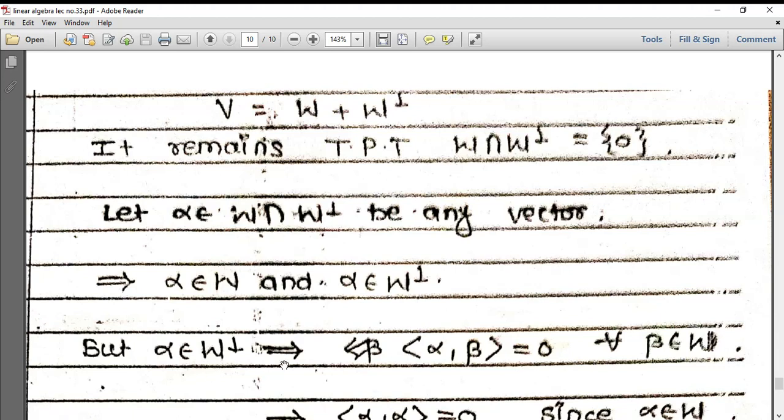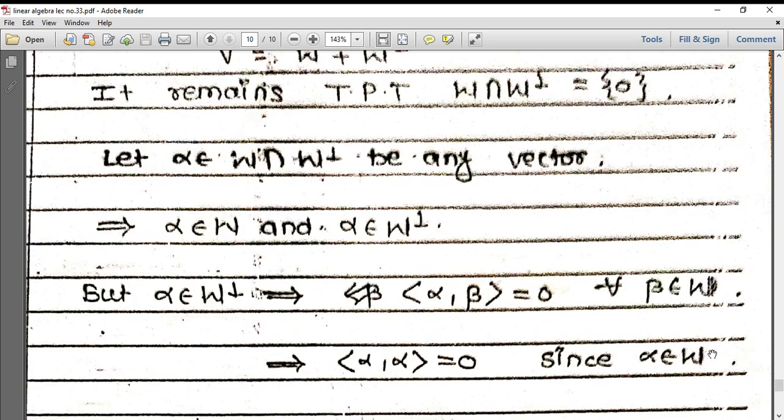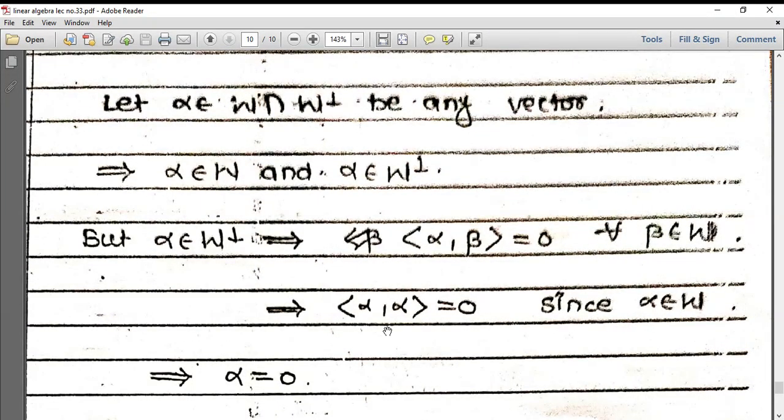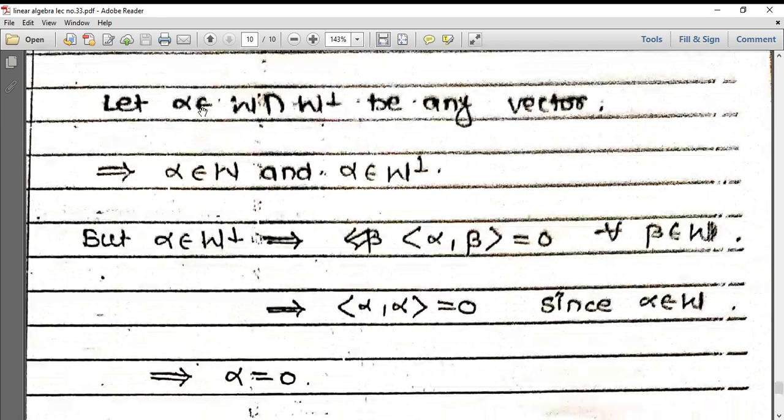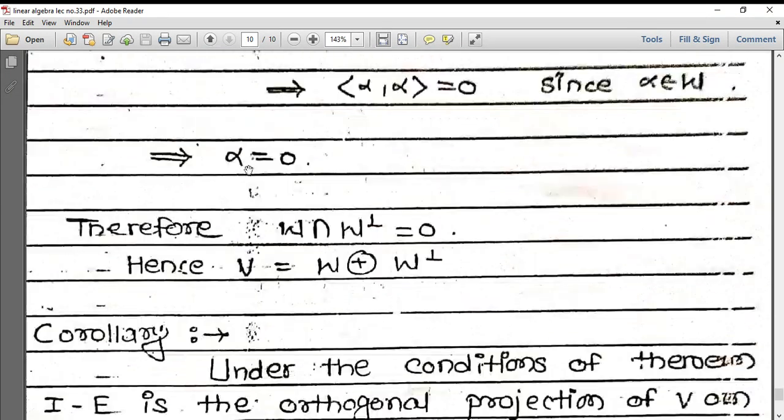But alpha belonging to W perp implies that the inner product of alpha and beta is equal to 0, by the definition of W perp, for all beta belonging to W. Since alpha belongs to W, it implies that the inner product of alpha and alpha is equal to 0, then alpha must be 0. Therefore, W intersection W perp is the singleton 0. Hence, V is the direct sum of W plus W perp.